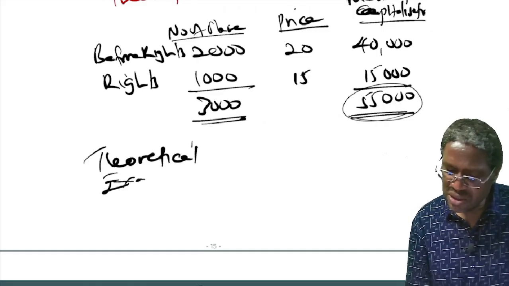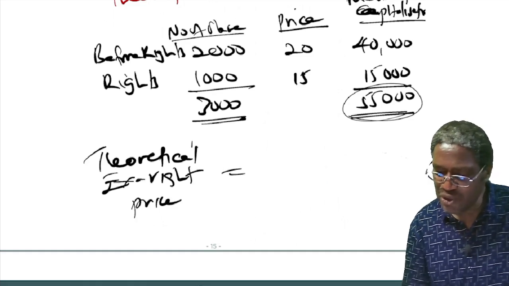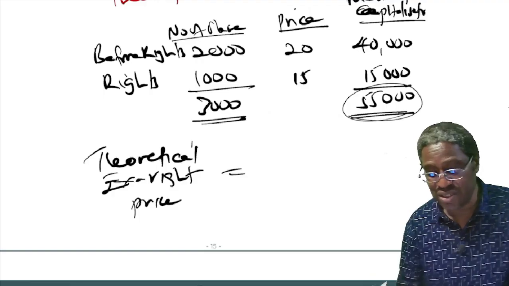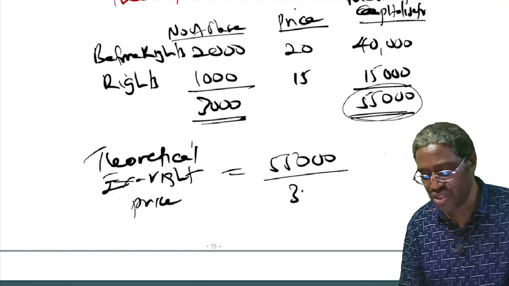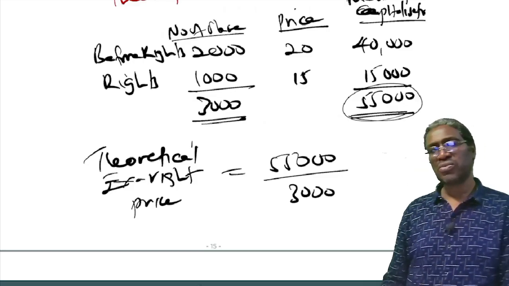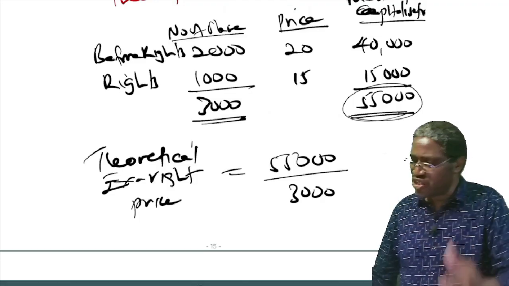So to get that theoretical ex-right price, we are taking the market capitalization of the company after the rights issue, which is 55 million. We divide that by the number of shares after the rights issue. So what becomes the price that is expected to prevail?